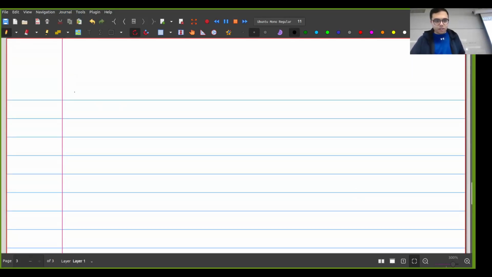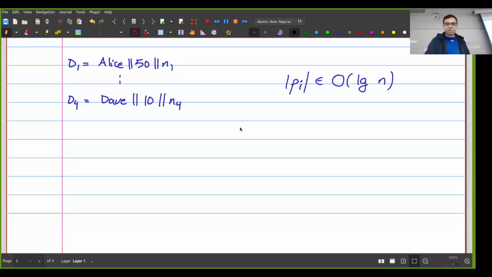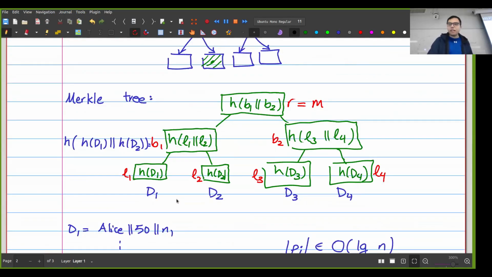And this is what we call a sorted Merkle tree. So the idea in a sorted Merkle tree is that I'm just going to create a Merkle tree. But when it comes to the leaves, the data elements D1 to D4, I'm going to sort those. So I'm going to have the exact same thing as here.